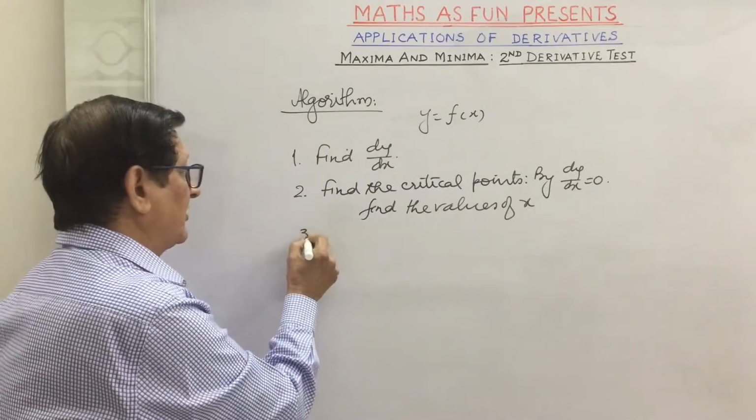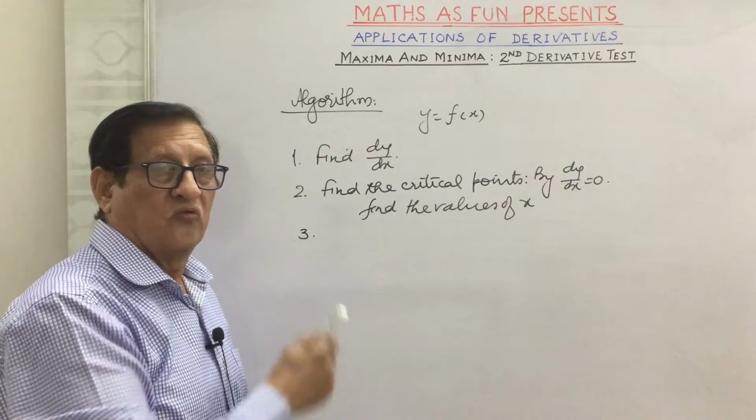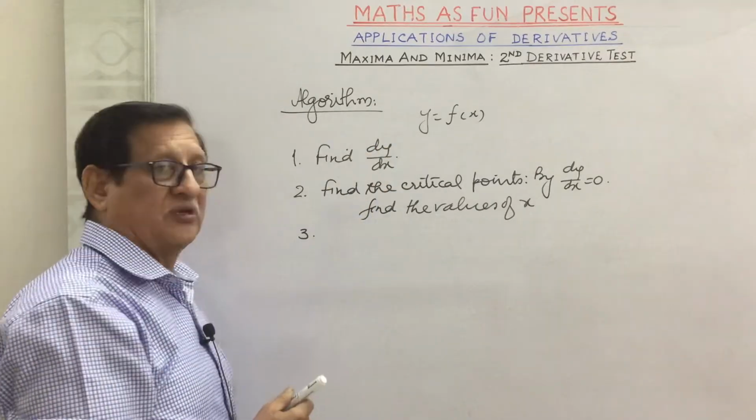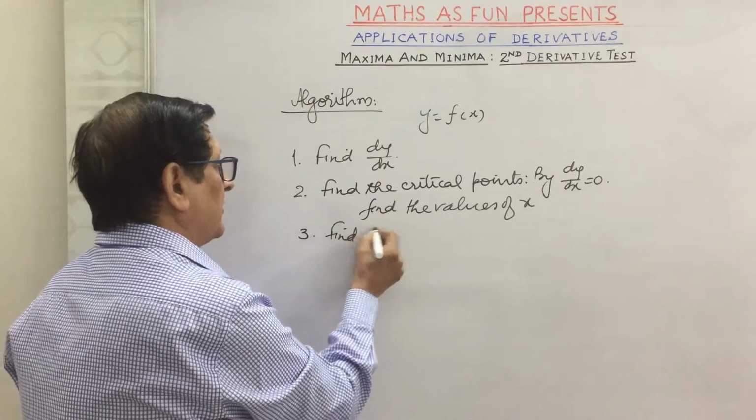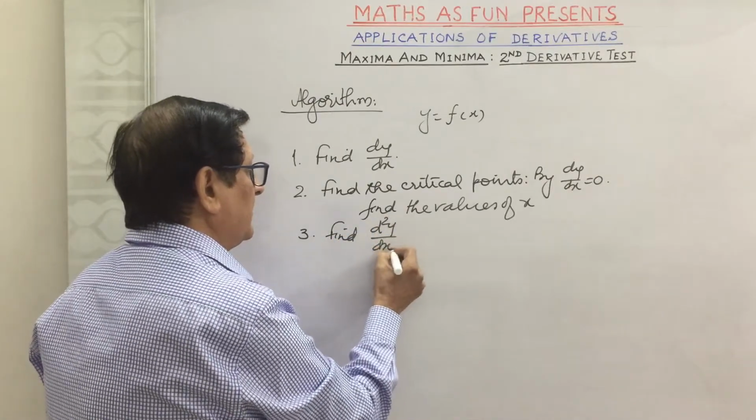Then the third step will be finding the second derivative. So we'll find d2y by dx square.